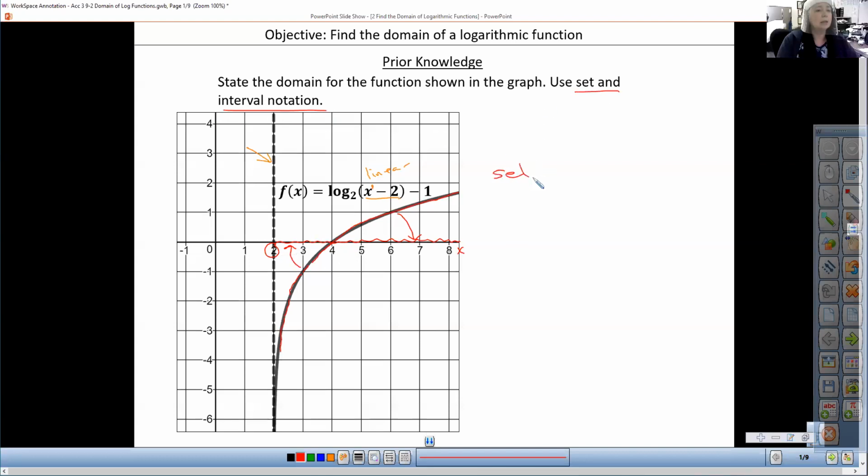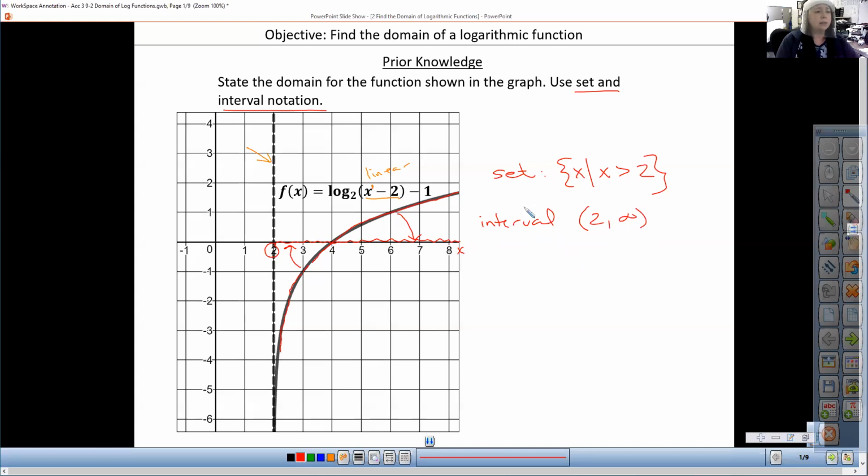So for our set notation, we would have the set of all x's such that x is greater than 2. So our domain would be all the x values that are greater than the 2, which comes from the asymptote. And then our interval notation, remember, goes least to greatest, so that for the x-axis that would be from left to right, and so that would be from 2 all the way to positive infinity.